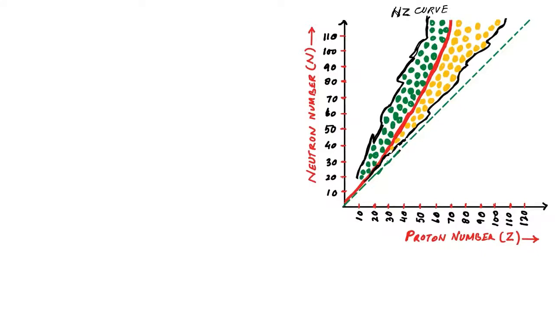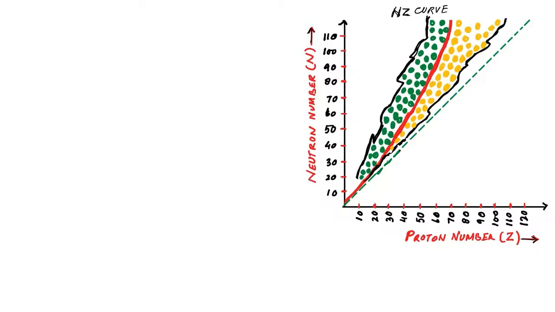On the x-axis, we have the proton number, and on the y-axis, we have the neutron number N. If you have nucleons and you plot the neutron numbers and proton numbers, this is how the curve looks.